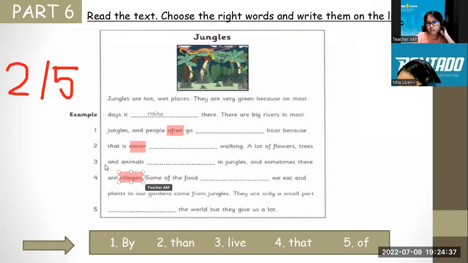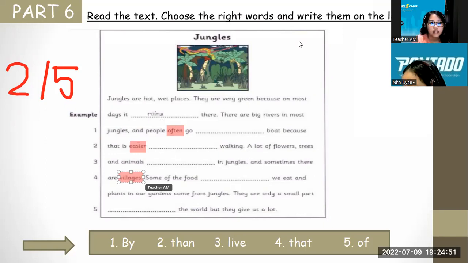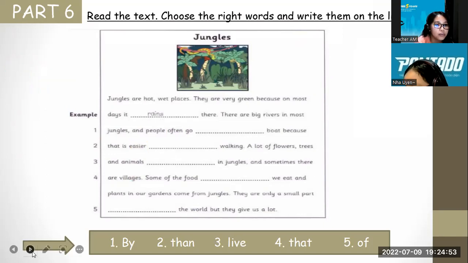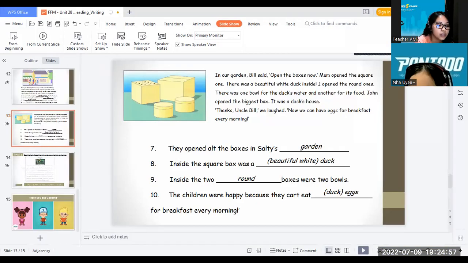Village. Okay, you say villages. Okay, so what is this, Uyen? Often. Okay, easier, and villages. Very good. So now, Uyen, let's proceed with another unit. Okay, so here it is.